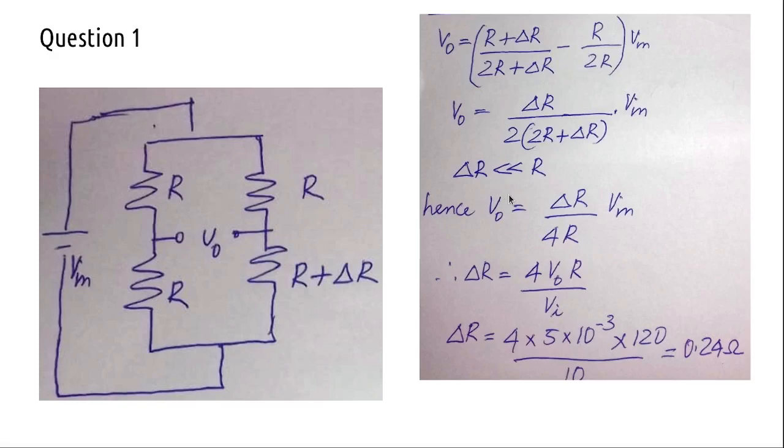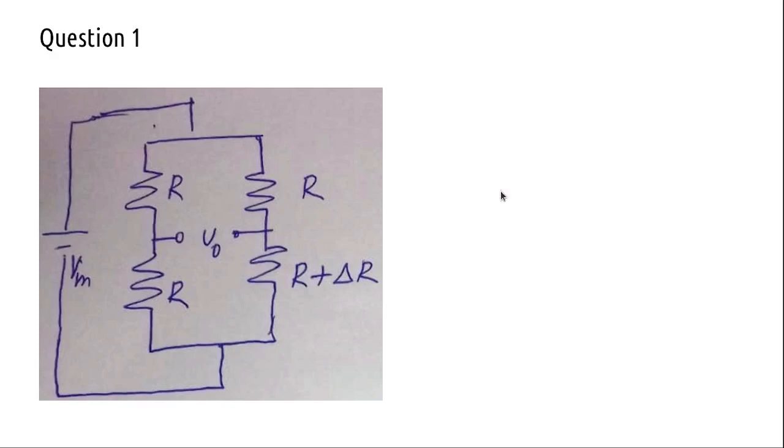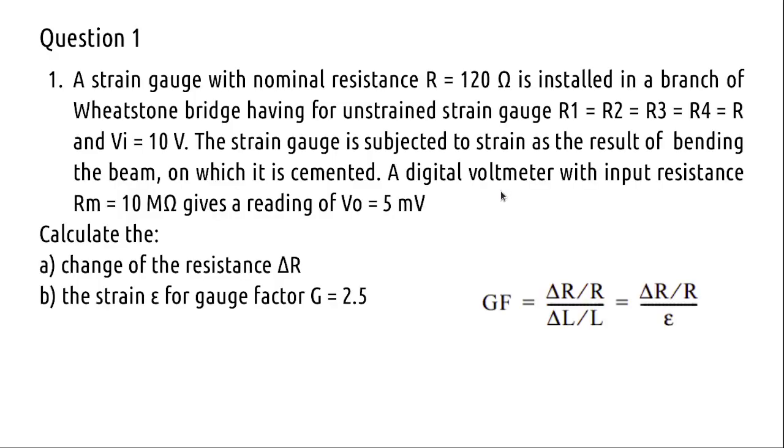Now the second thing which we need to find out is the strain, epsilon, for a gauge factor G equals 2.5. The expression for the gauge factor is delta R by R divided by delta L by L, or delta R by R divided by epsilon.